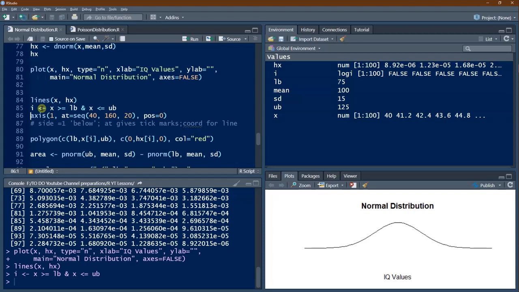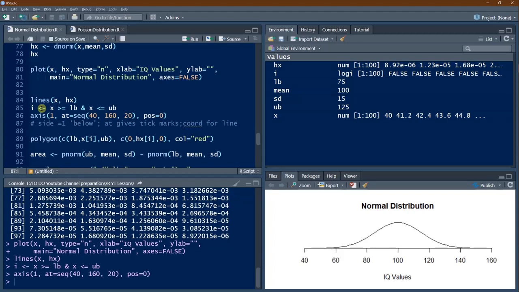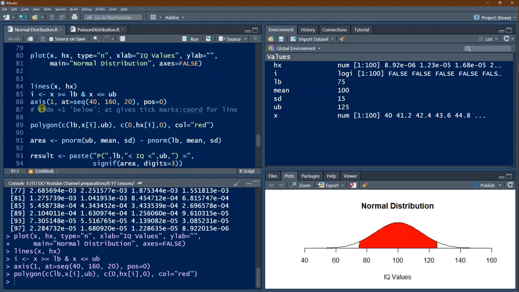Now once I is stored, now we will create an axis. Axis 1 means bottom, and we are giving tick marks 40 to 160 with 20 points each, that is a tick mark. Let us draw the polygon also. In the polygon we have to give x and y coordinates. The x coordinates I have given the lower bound, then all the x's, and then upper bound.